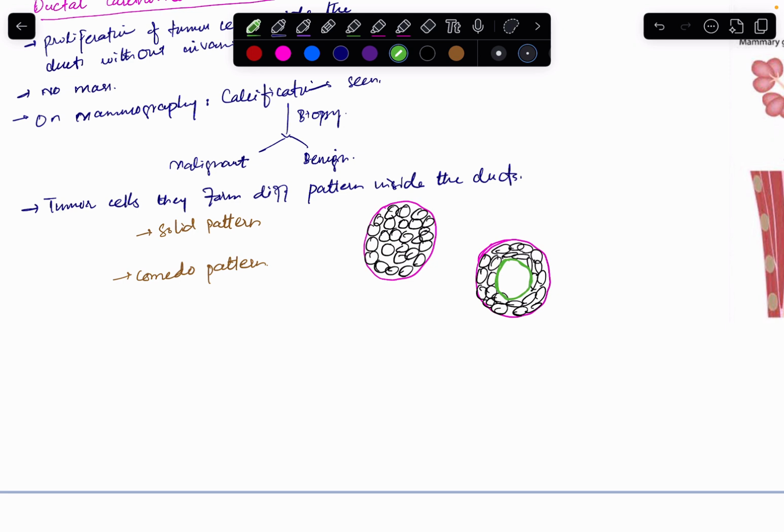Centrally, you're not going to see any tumor cells. Necrotic debris is going to be there. So this is another pattern.